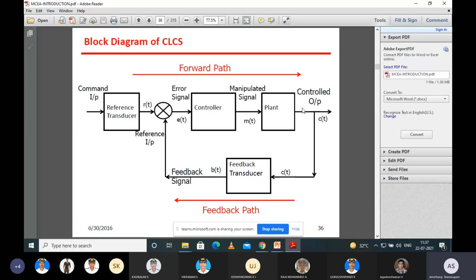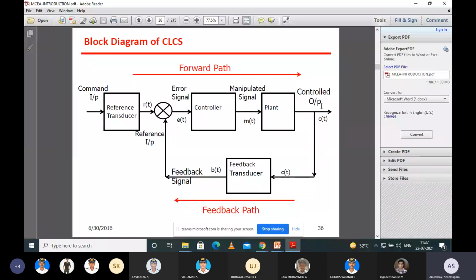Now, what reference input is needed? 1200, because our aim is to run this plant at 1200. Suppose you measure the output, the already existing speed, that is 1000 RPM.